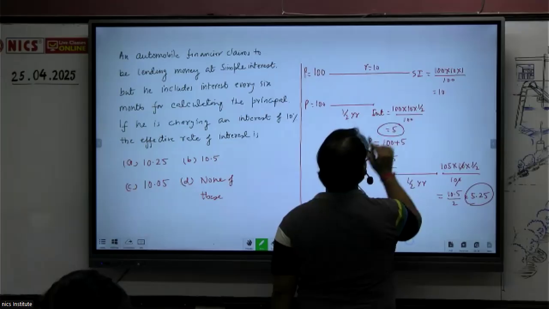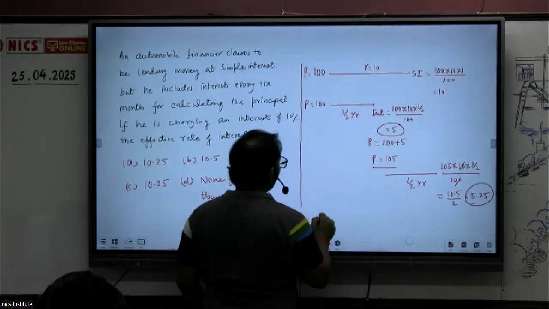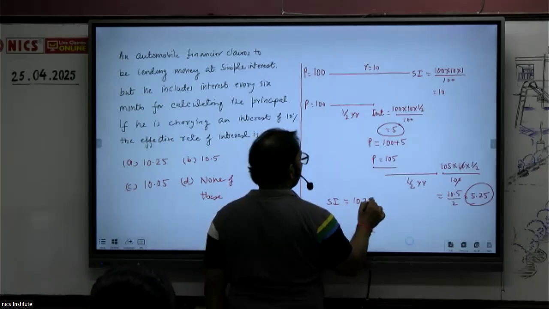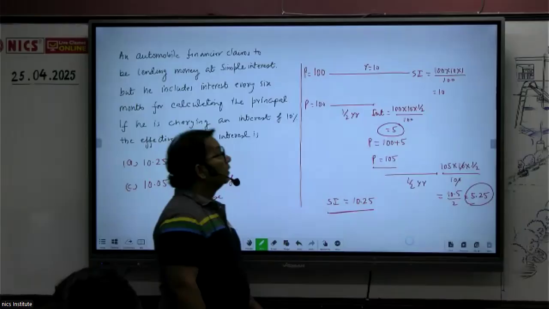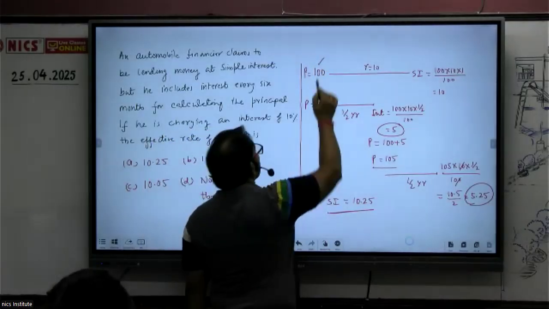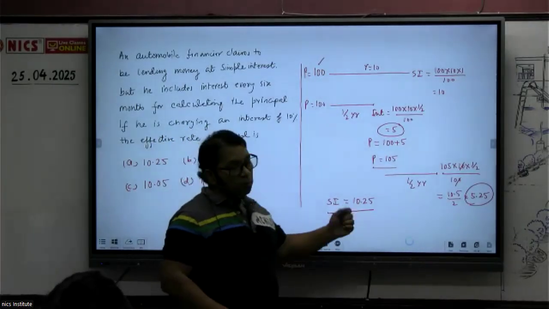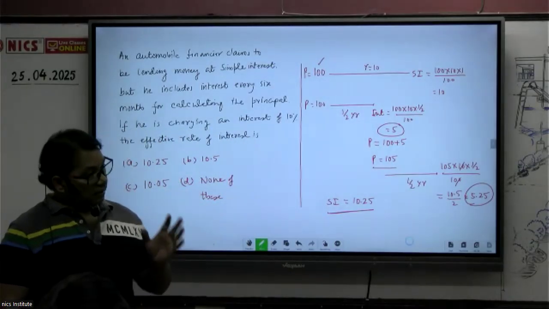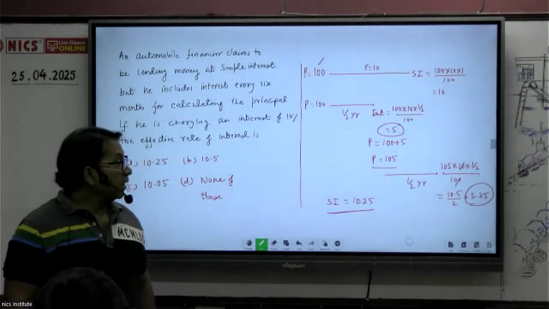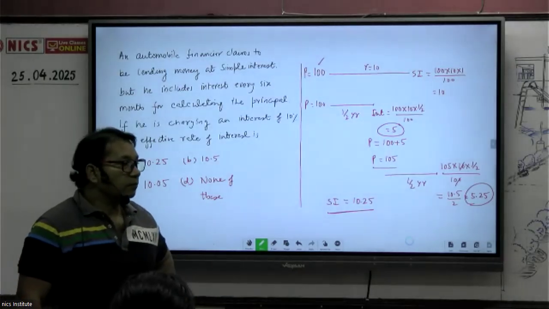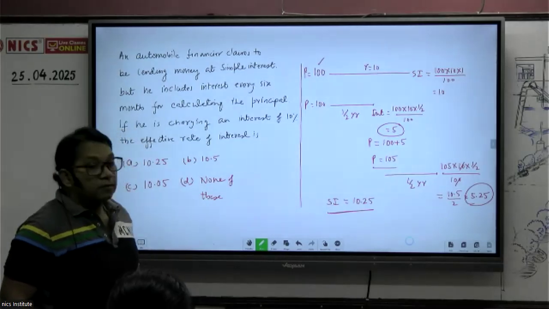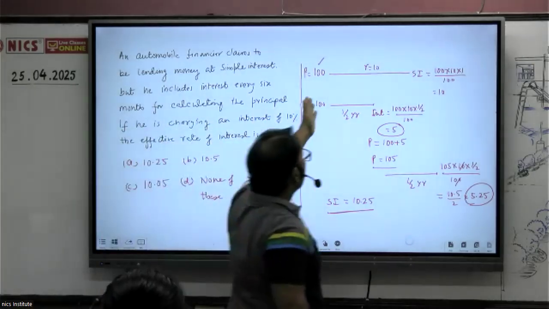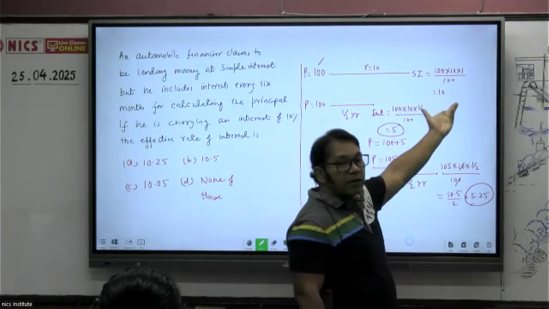So the simple interest for the first 6 months is 5 rupees, and for the next 6 months 5.25 rupees. That means the total simple interest is 5 plus 5.25, that is 10.25 rupees on 100 rupees. So on 100 rupees, whatever is the simple interest, that is the rate of interest. If he's not cheating, if he's not doing compounding, then it will be 10 rupees only.